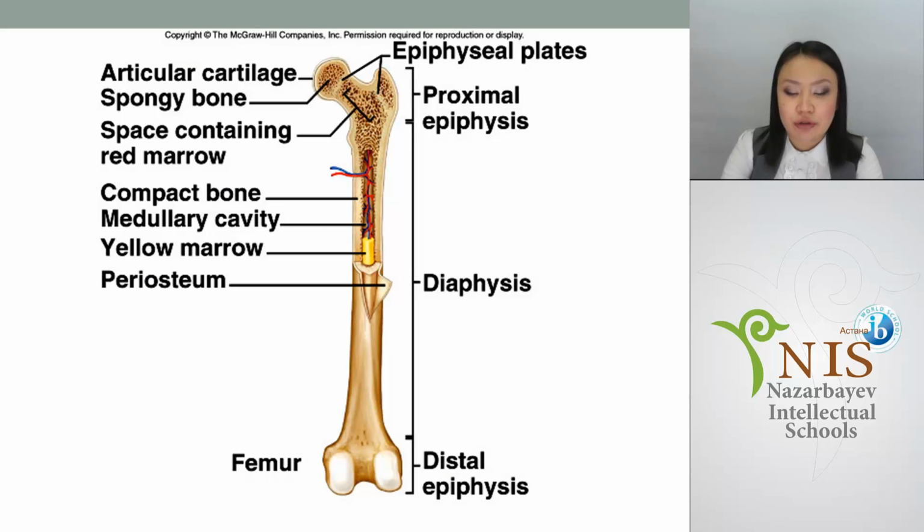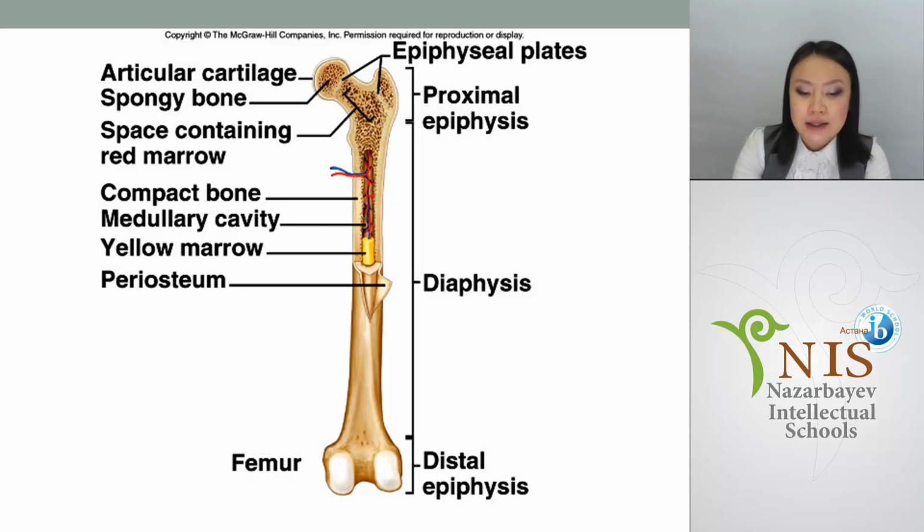Look at this picture of bone. In this picture you see the femur. As we said, we could divide this long bone into basic parts, epiphysis and diaphysis. The two ends of this long bone we call epiphysis, and in the middle we see diaphysis.